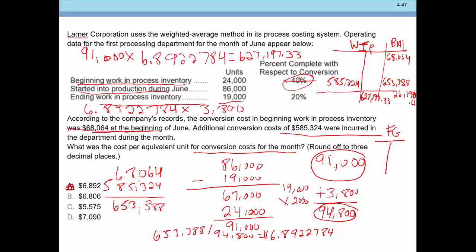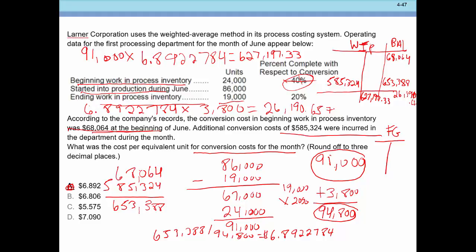Okay, and if you take that 6.89222784 times the 3,800 equivalent units that are left in my ending inventory, I end up with 26,190.657. So I owe somebody 2 cents or something.